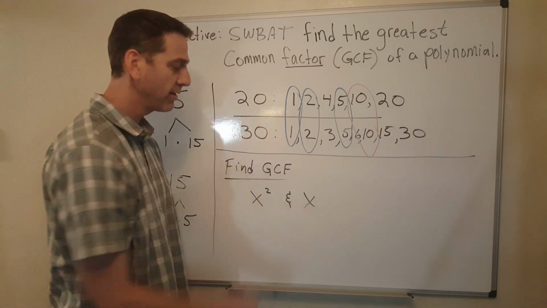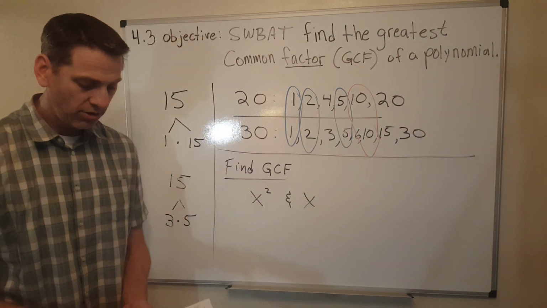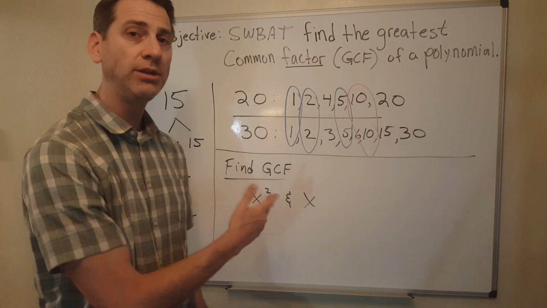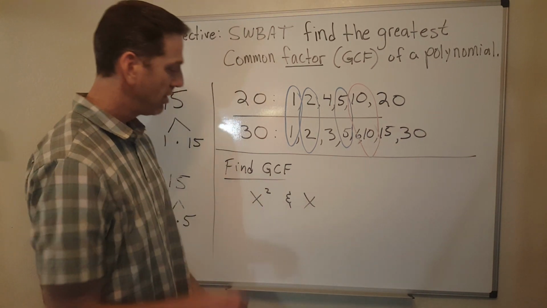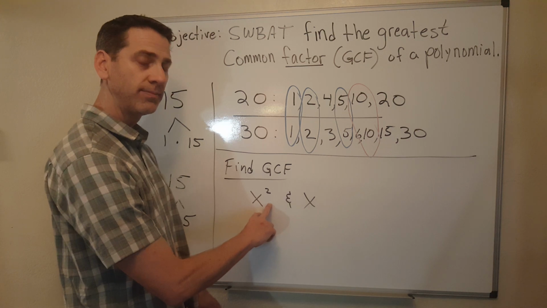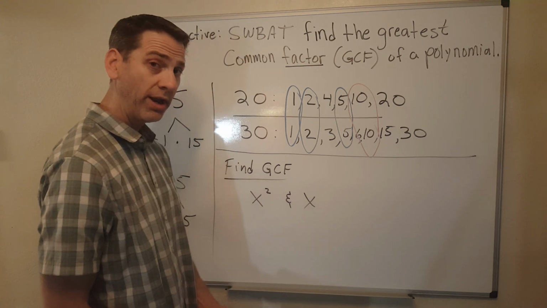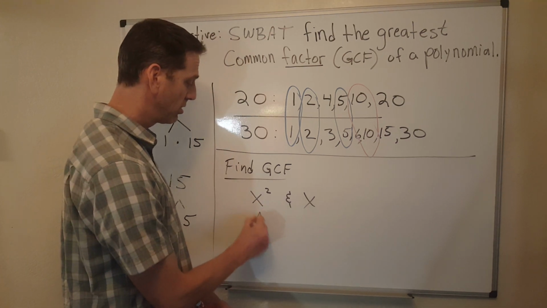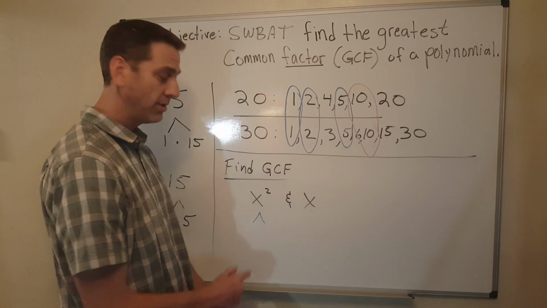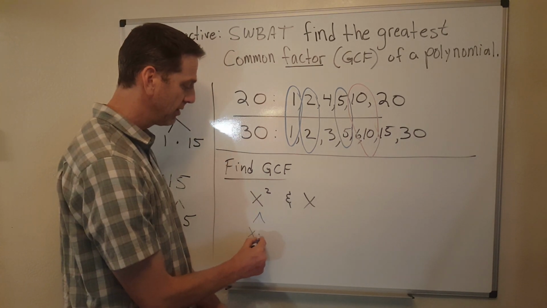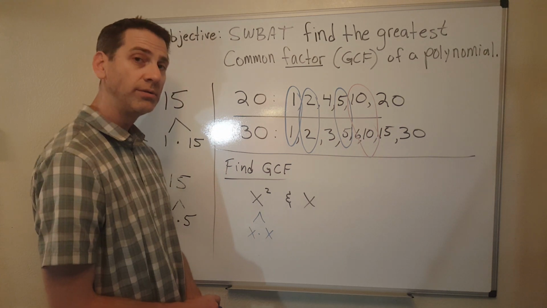Well, to do this, let's go ahead and factor each one of these terms. Let's factor x squared. What times what is x squared? Well, x times x is x squared.